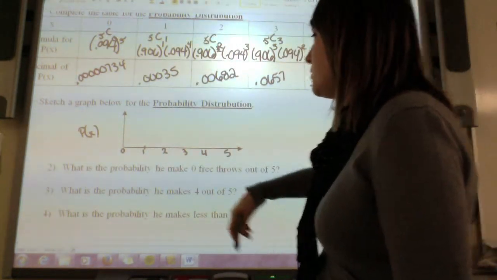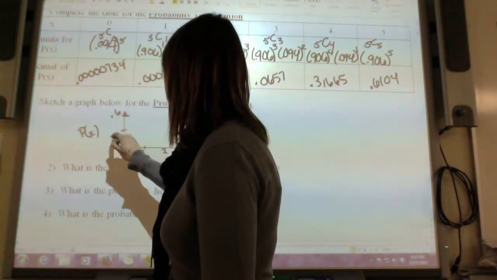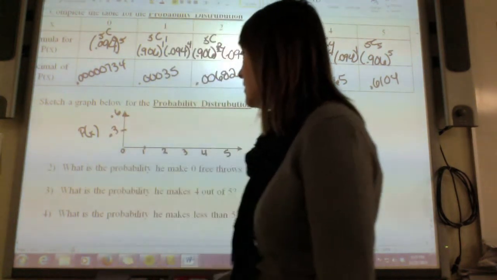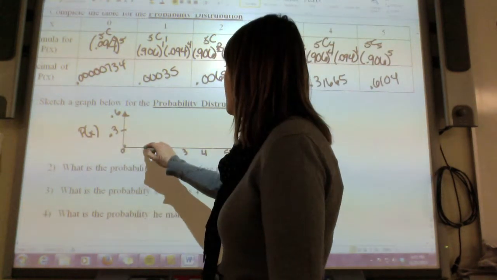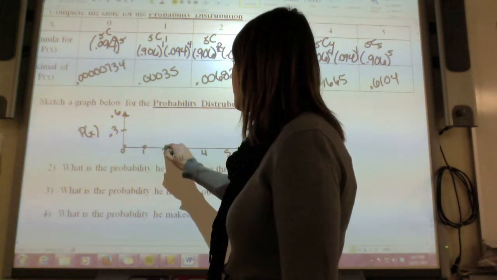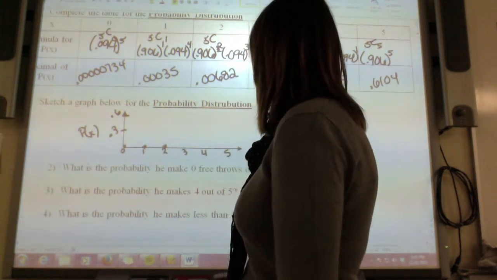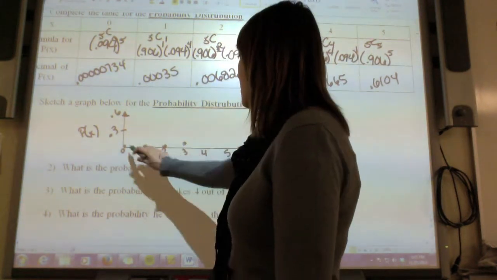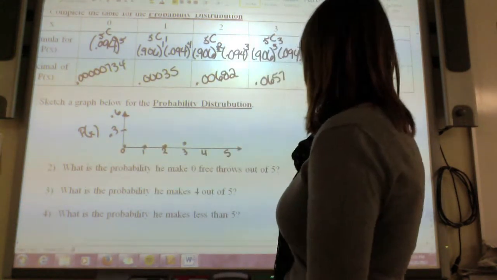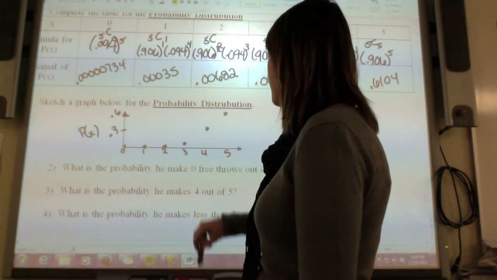I'm going to go up to about 0.6, and halfway between that is about 0.3. The first three are really small. This one is close to 0.1, so it's a little bit bigger. This one's 0.3, so it's halfway up, and this one's about 0.6, so that's all the way up there.